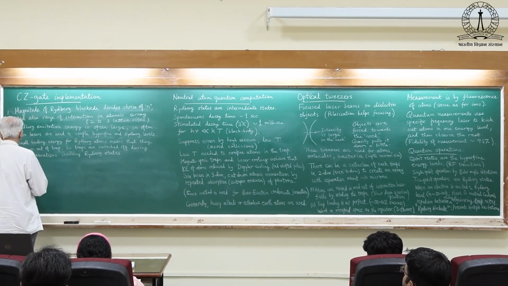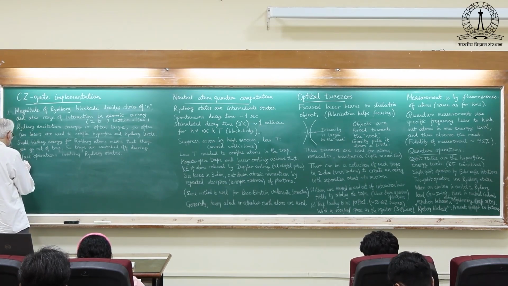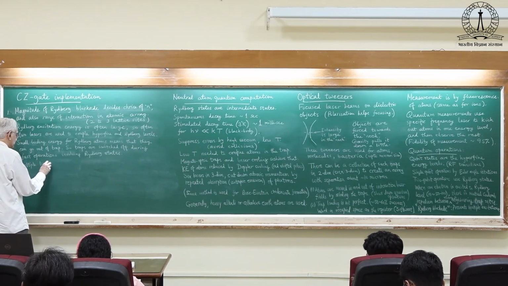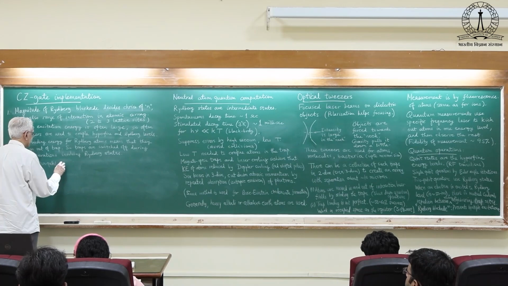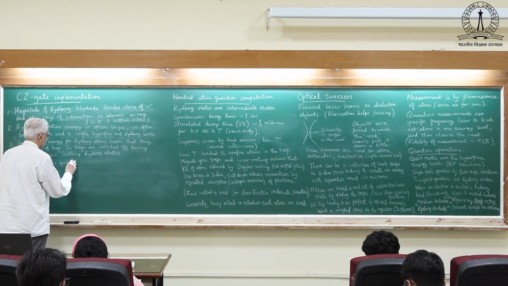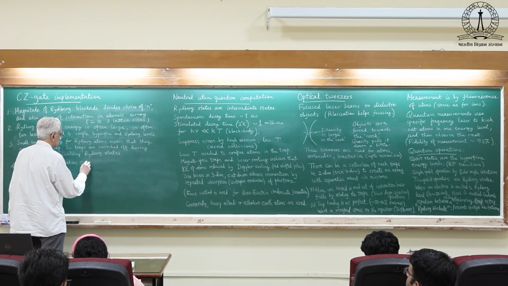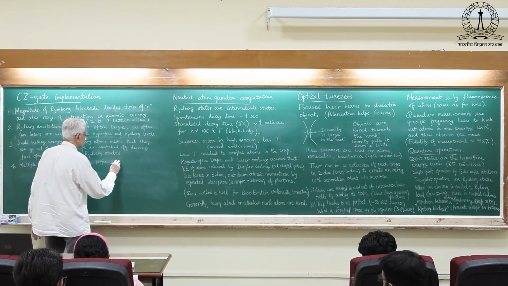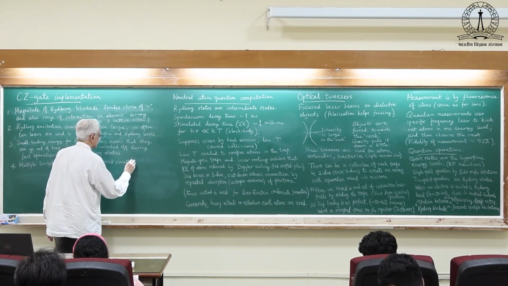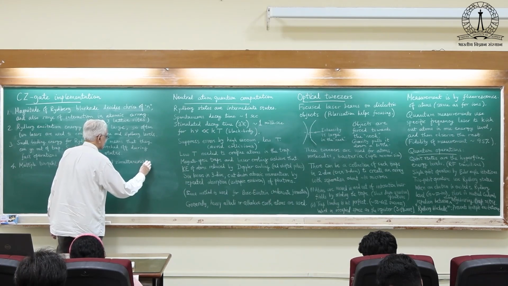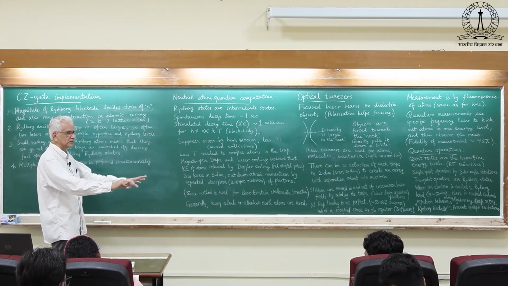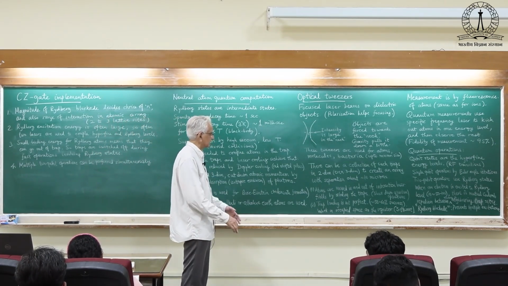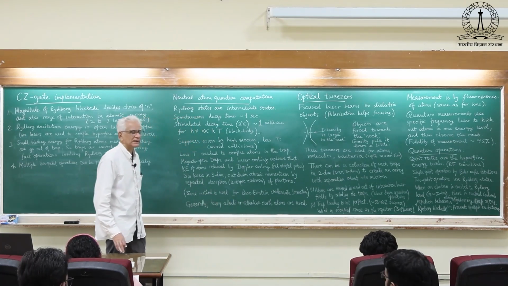And something else which people do is multiple 2-qubit gates can be performed simultaneously in different parts of the array, and that is useful because it can create highly entangled states.